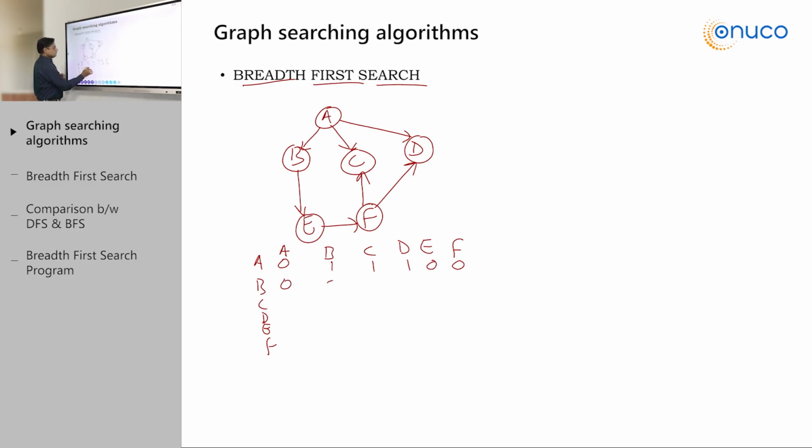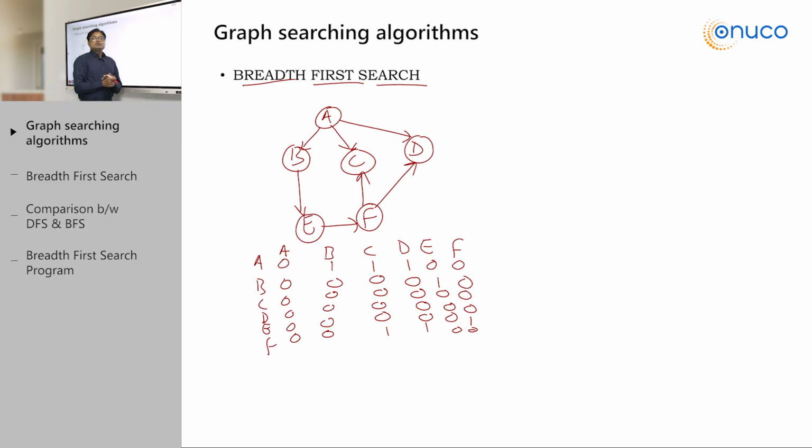B to all 0 except E. C to all 0, D to all 0. E to all 0 except F. And F to C and D is 1, remaining all are 0. So this is the adjacency matrix we have discussed in the previous sessions and you already know it.